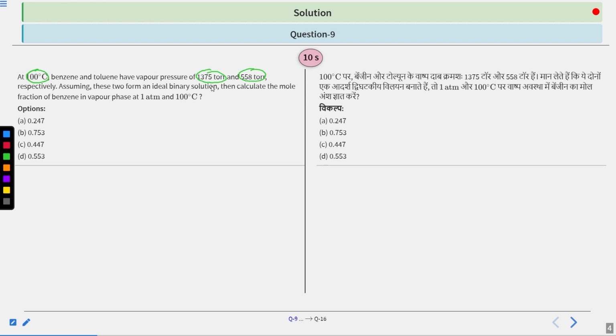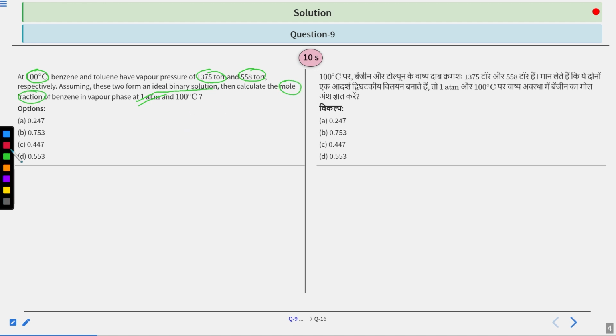Next, we are mixing these two and assuming that they form an ideal binary solution, and in that case the mole fraction of benzene in the vapor phase is asked at 1 atm and at the same temperature. So what you have to calculate is the mole fraction.